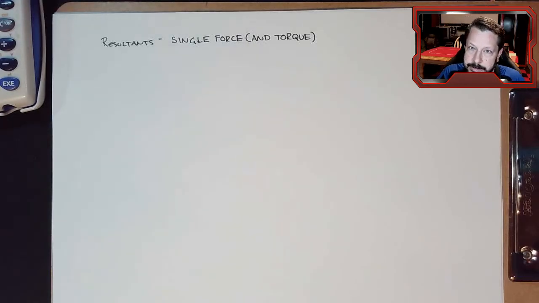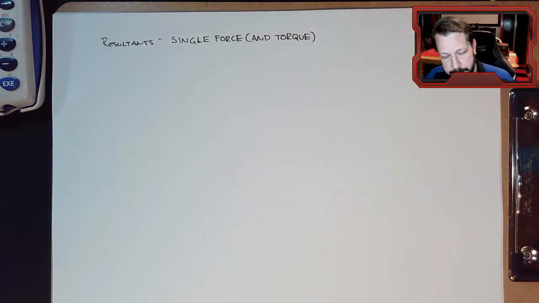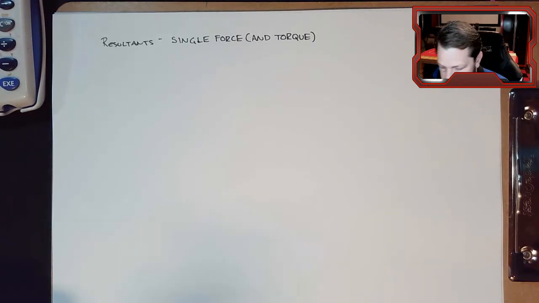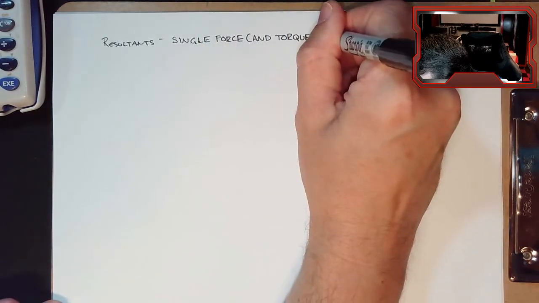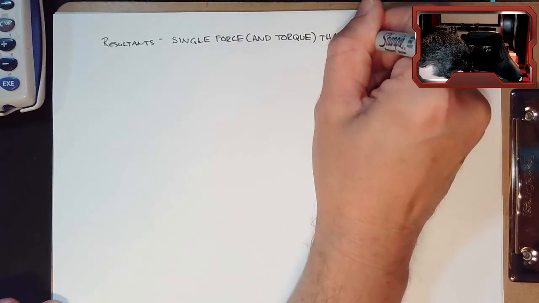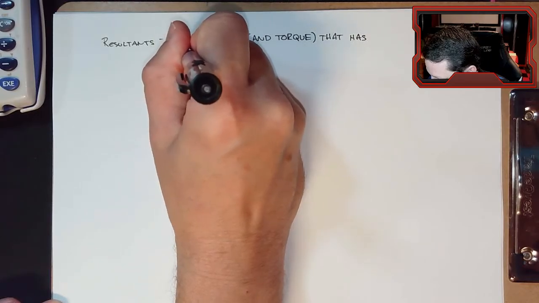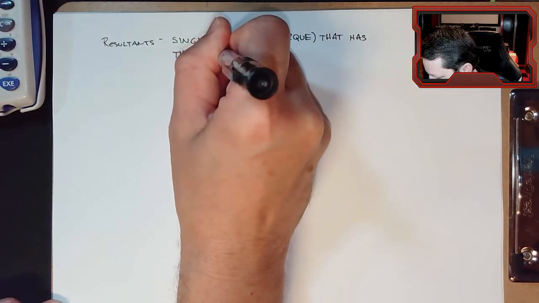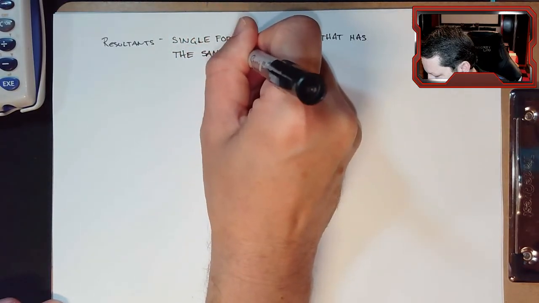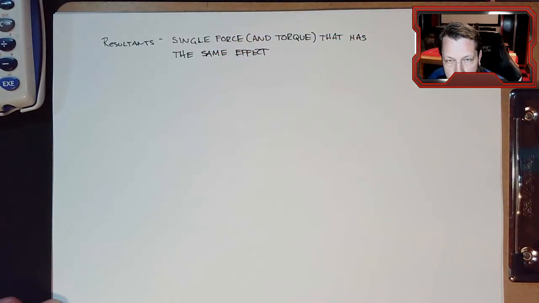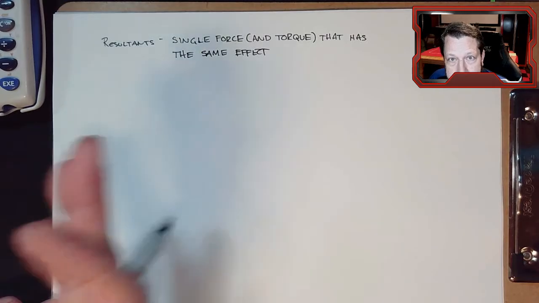So we're really just looking at resultant forces currently, but technically there needs to be a resultant torque also. So a single force that has the same effect as all the forces that were originally on the body.